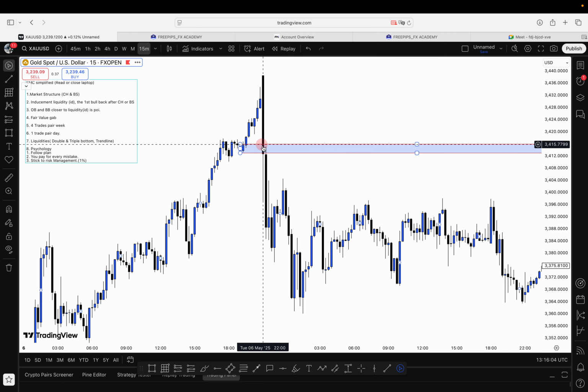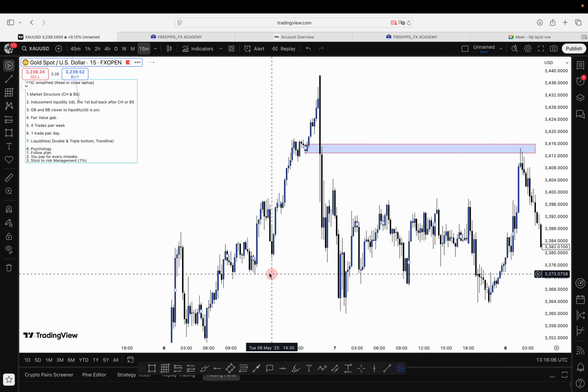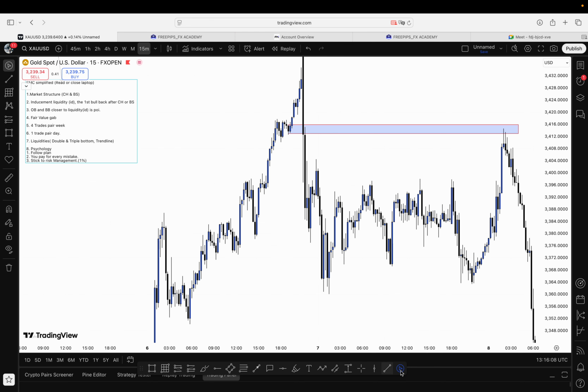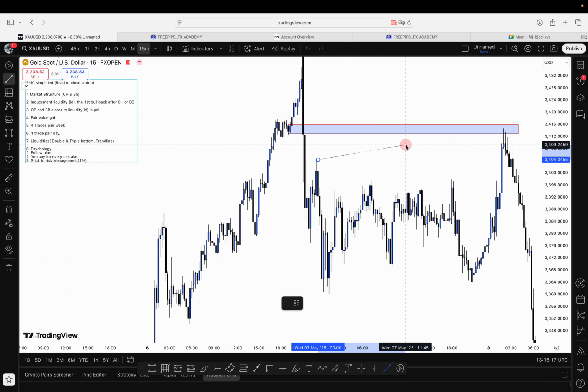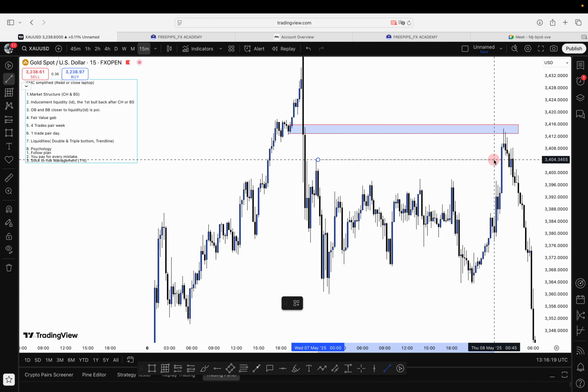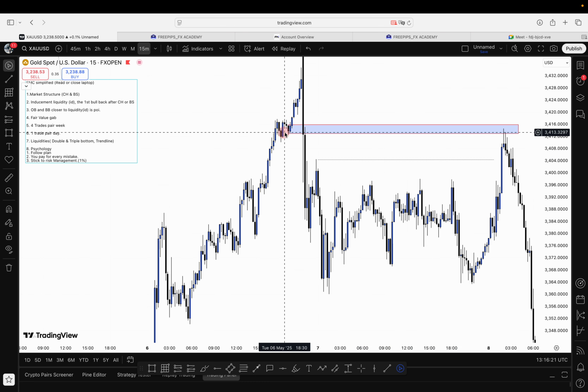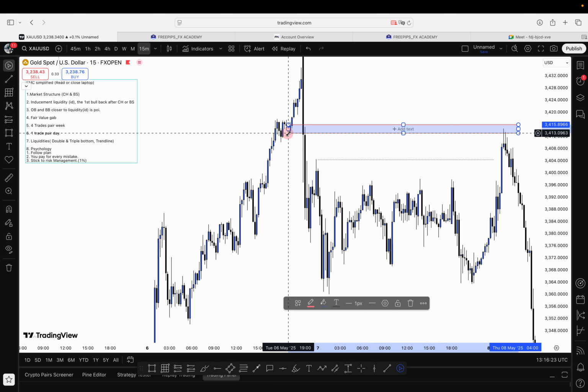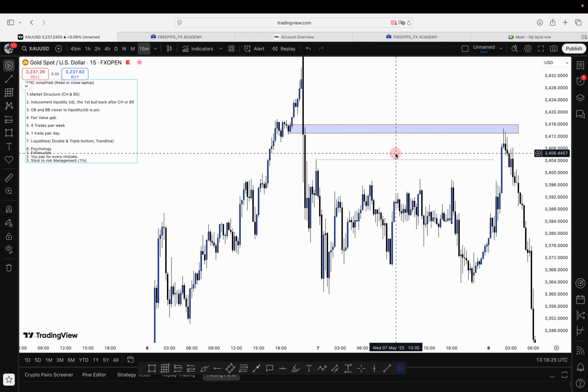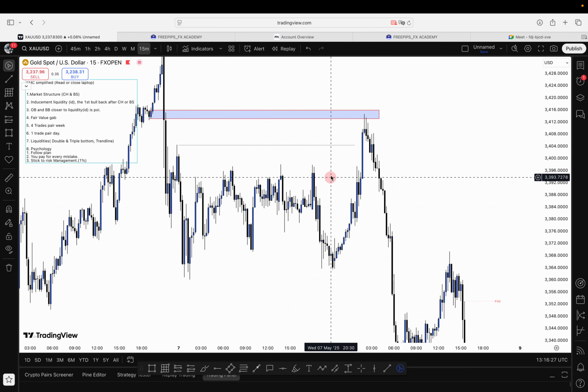After clearing this, there is what we call inducement. We will get to the inducement, the first pullback after a change of character or break of structure. So it generated a pullback here as an inducement or liquidity. Then after identifying the inducement, there becomes a breaker block. Then price used it to sell.